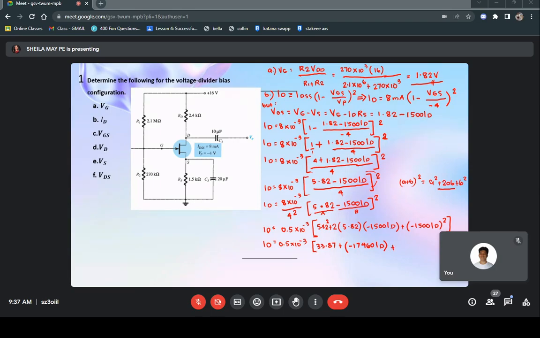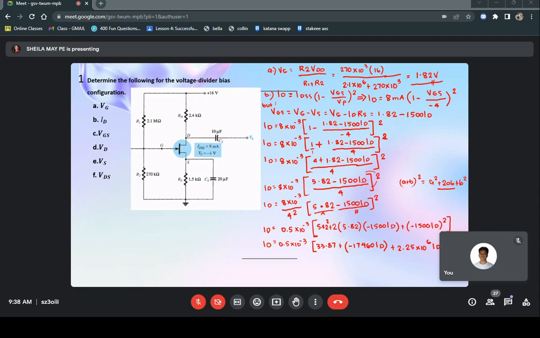And plus negative 1,500 square, that's 2,250,000. 2,250,000 or in mega, so that's 2.25 times 10 to the 6 ID squared. Times 10 to the 6 is mega class or in million.